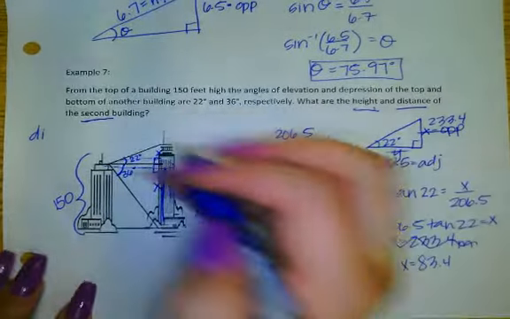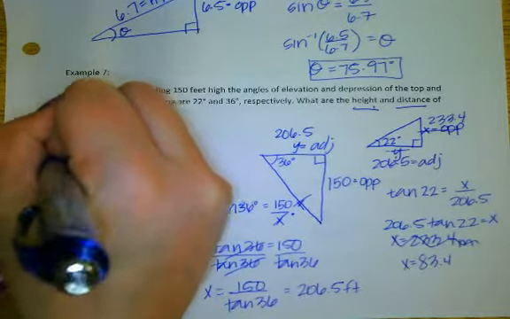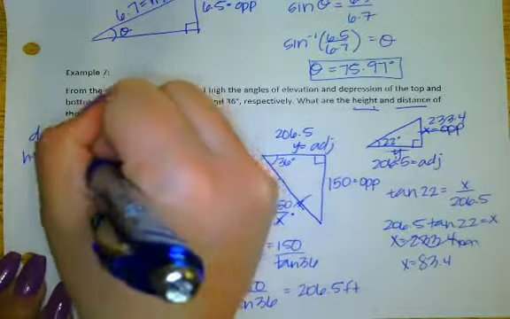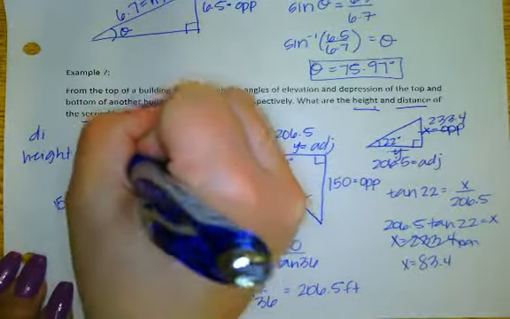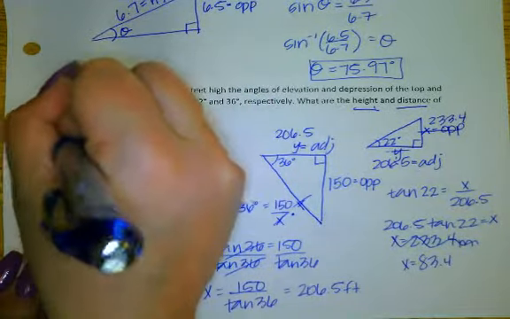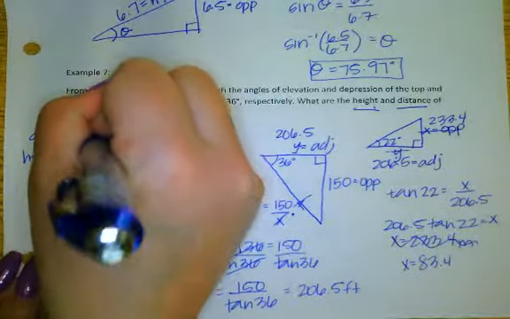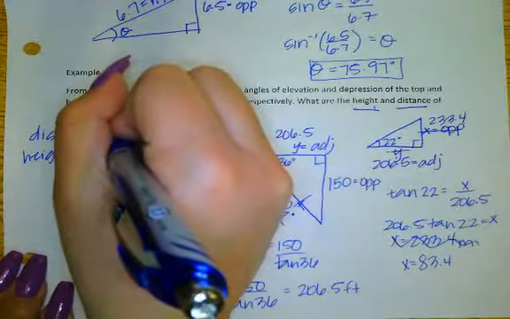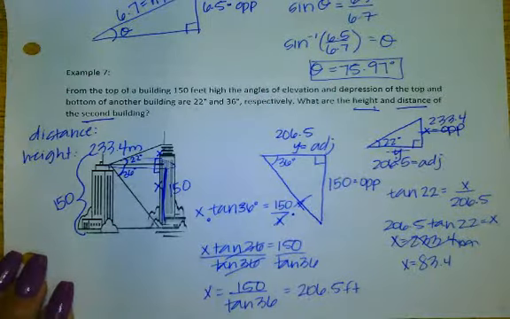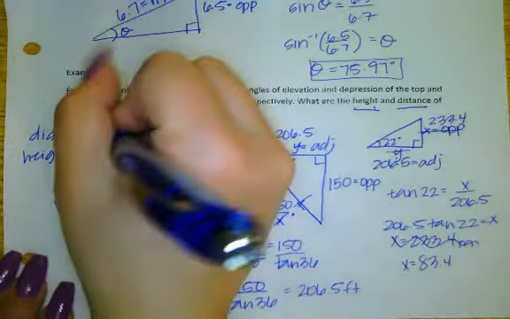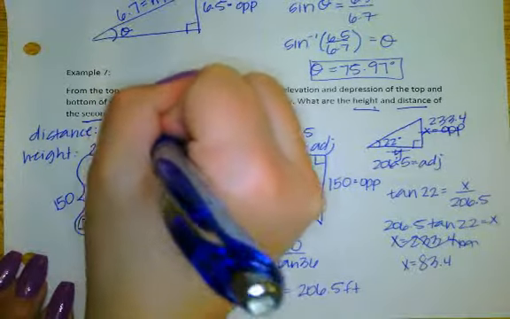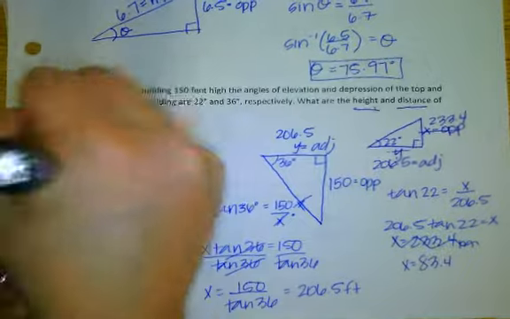Very good. The distance between the buildings is, what's the distance between the buildings? 206.5. So you could see a problem like that as well, a little bit more involved.